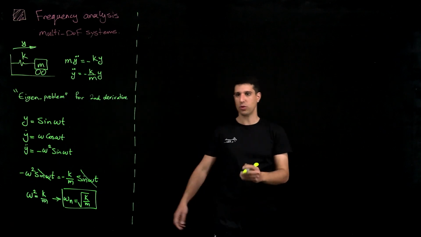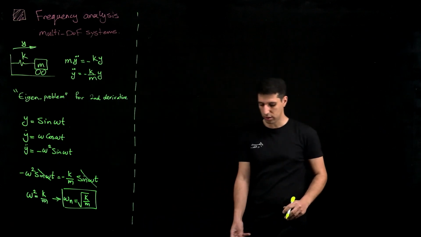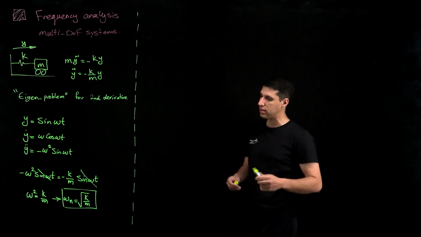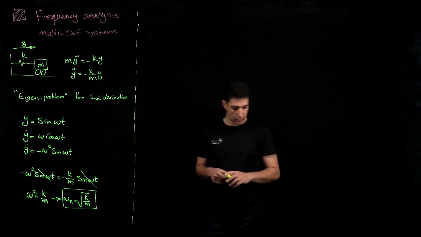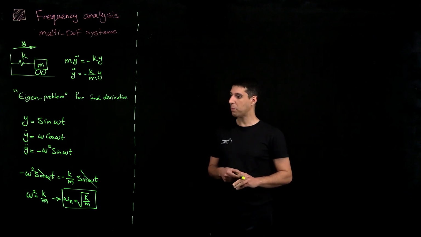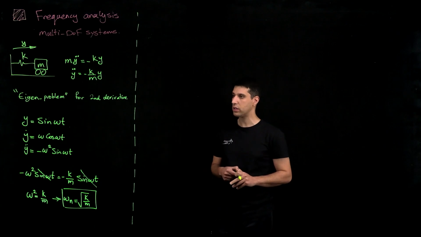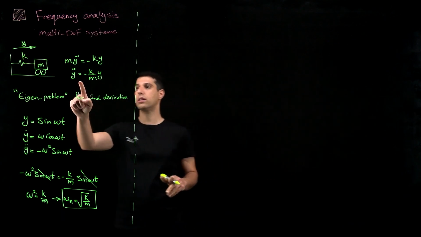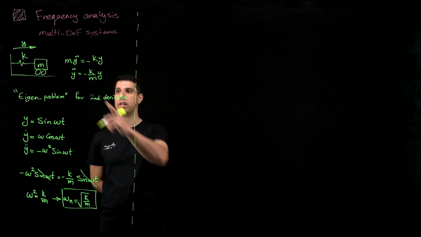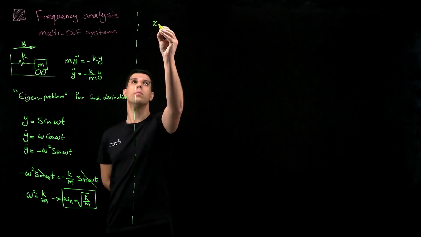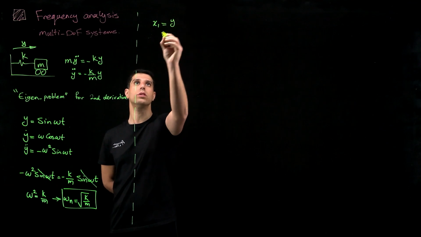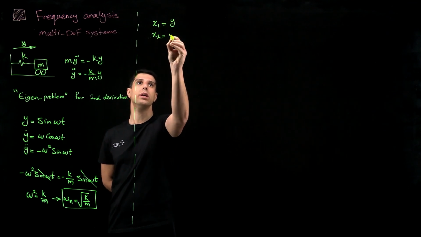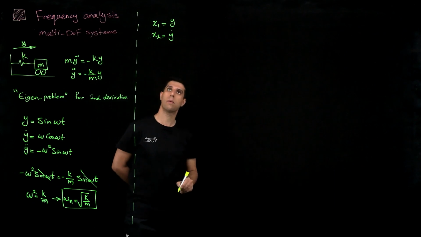But that is kind of just an opening. I wanted to show you how you can relate the ideas of the eigen problem to find the natural frequencies of the system. We also did the same thing with a different eigen problem. If I write this system in a state space form, I can write my first state x1 to be position, my second state x2 to be y dot.